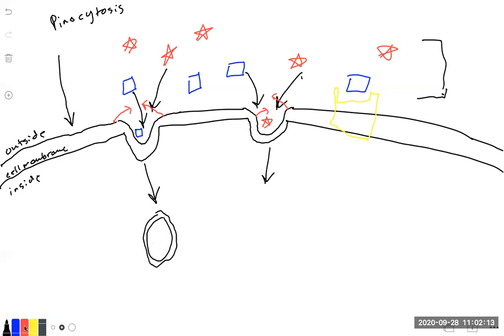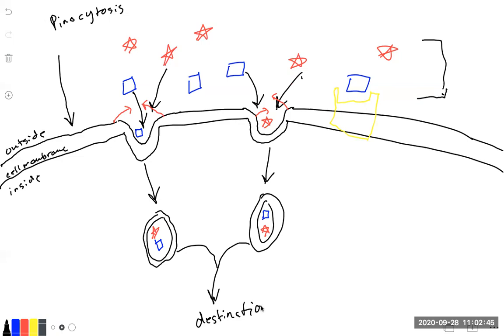And in that vesicle, you have got your substances that you wanted to bring in. And the vesicles are also bilayered, just like the membrane. And then these vesicles can travel along our filamentous networks in the cell, and the substances can go to their destination and cause intracellular changes or provide nutrients that the cell needs.